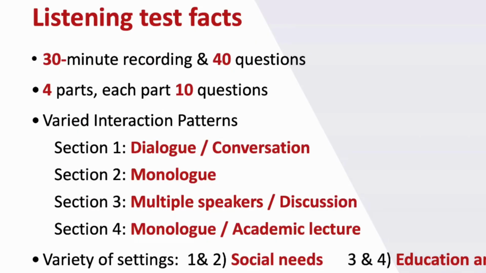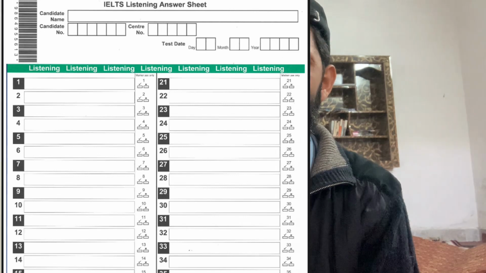There are 4 sections in listening. At the end of the audio, you will be given an extra 10 minutes just to transfer your answers from the question sheet to your answer sheet right here. You could see this is how your answer sheet will look, and you get the extra 10 minutes on paper-based only.